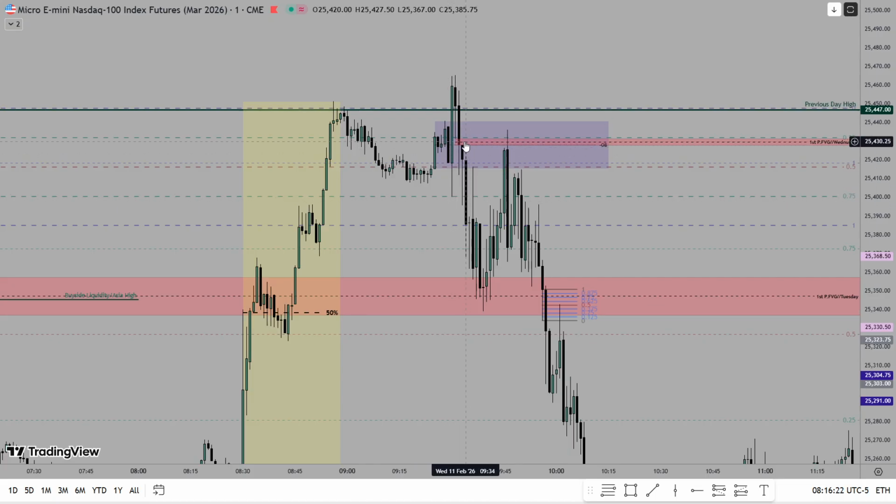After the market structure shift, price traded lower, respected the consequent encroachment of Tuesday's first printed fair value gap, and traded higher toward this 5-minute order block as well as the first printed fair value gap of Wednesday as well as this order block, and respected this area and then again moved lower and confirmed this order block again.